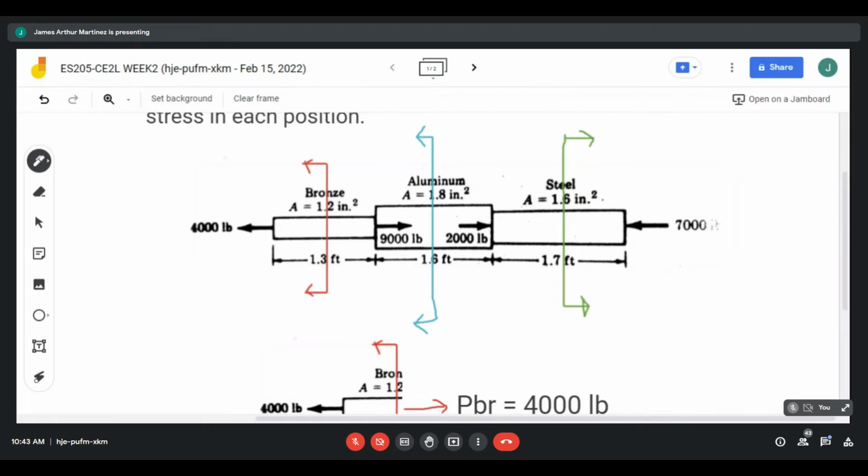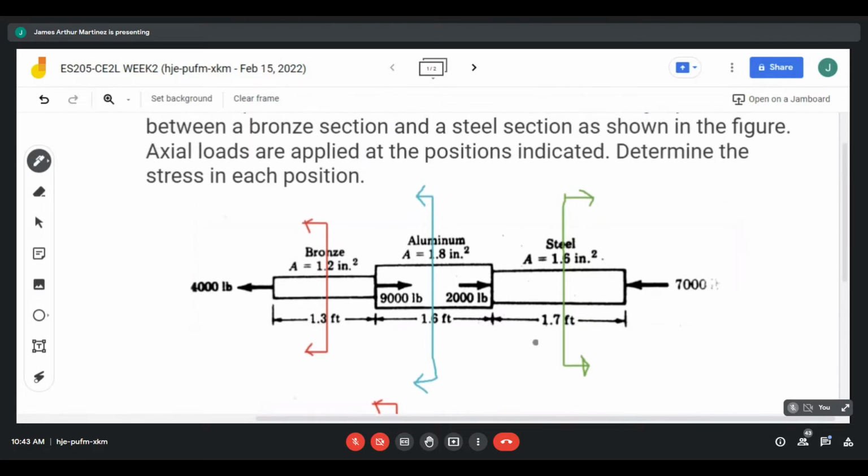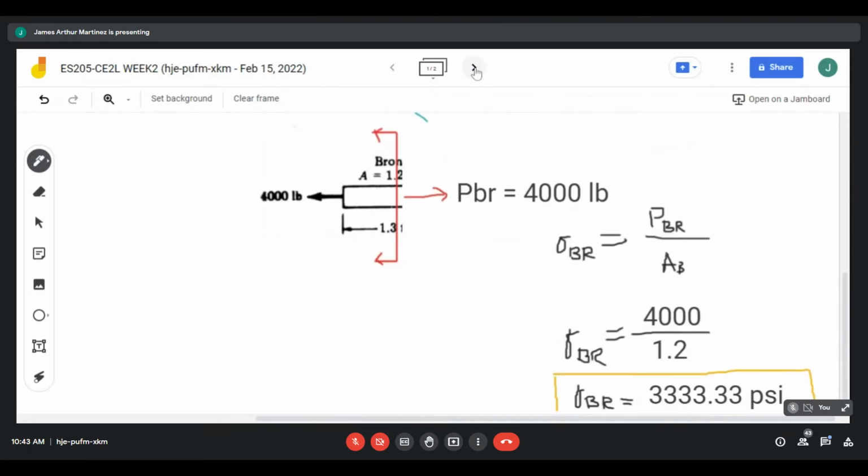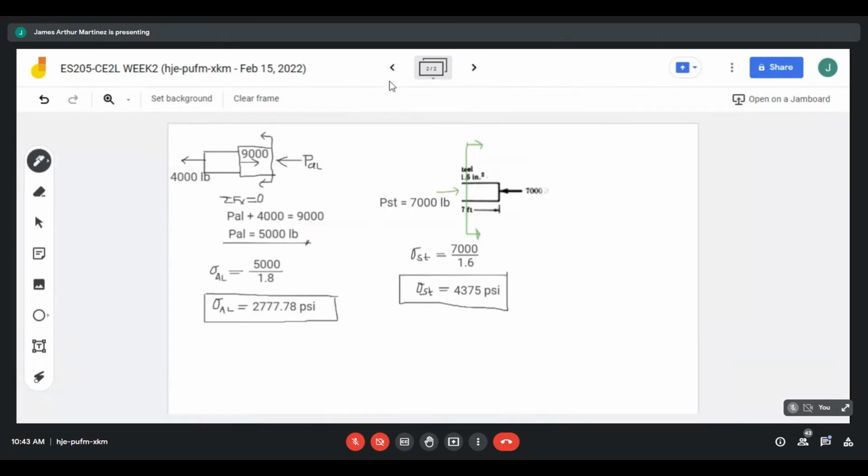Can I ask, sir, about the aluminum side, the 9,000 pounds? What about the 2,000 pounds?